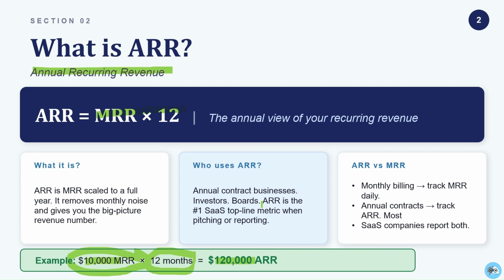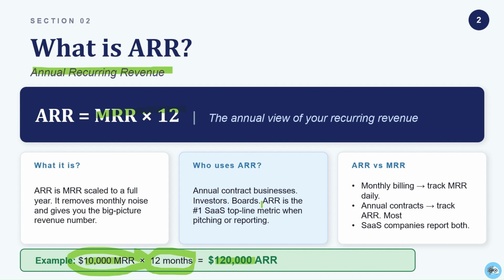ARR is simply MRR converted into an annual number. Instead of looking at revenue month by month, ARR provides a yearly perspective. It removes short-term monthly fluctuations and helps management focus on long-term growth of the business. For example, if a customer pays every month, ARR answers the question: how much recurring revenue will this customer generate in a full year?